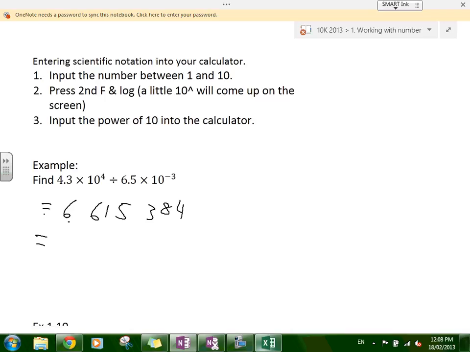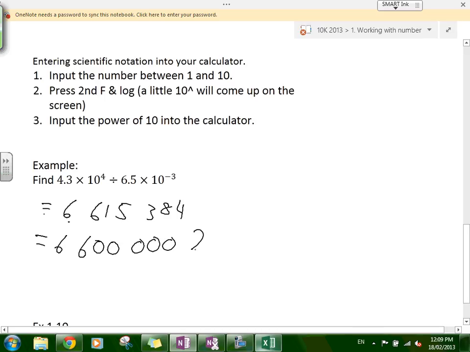How do I write this number to two significant figures? Not interested in scientific notation yet, I just want to write this number to two significant figures. Good. 6,600,000 to two significant figures.